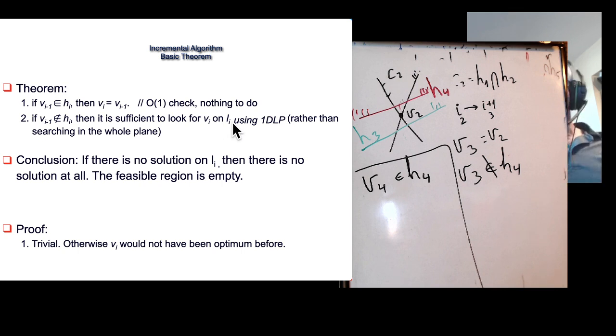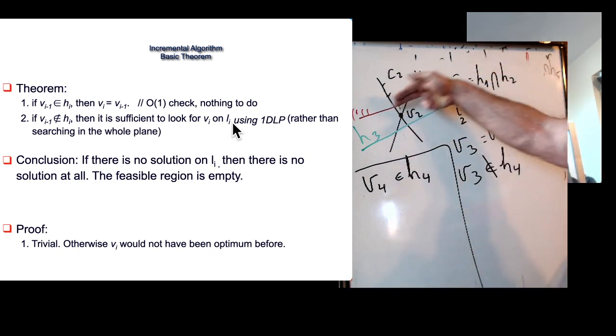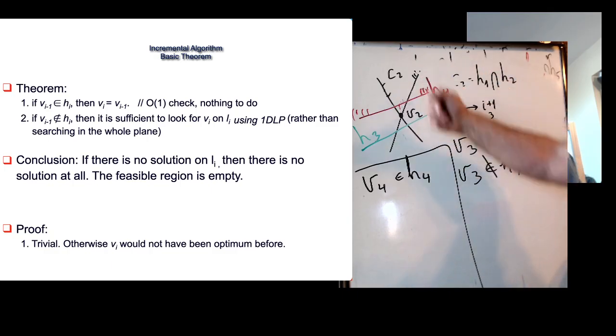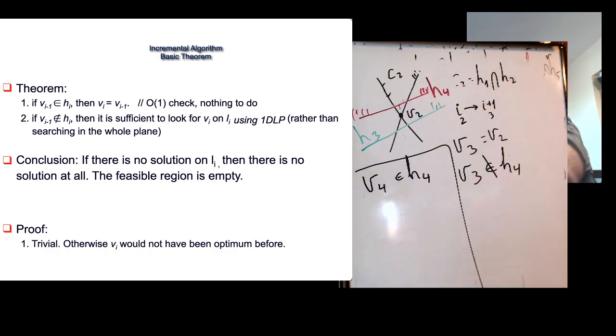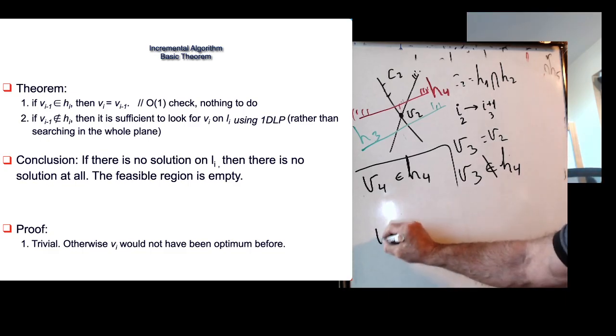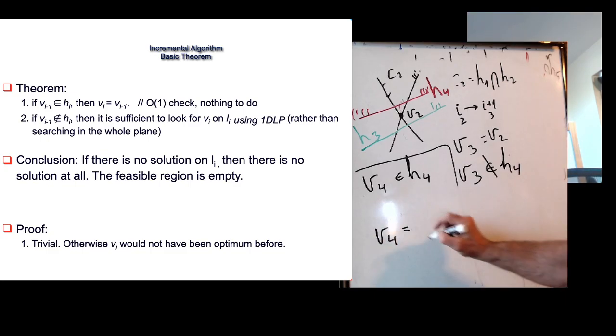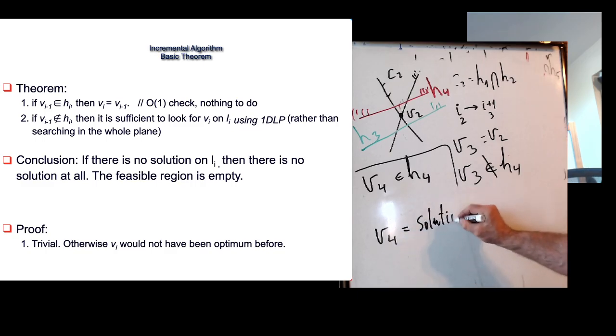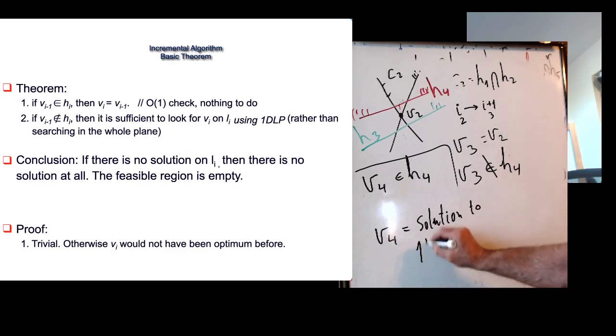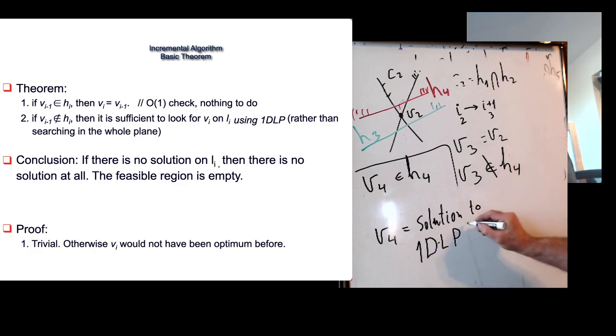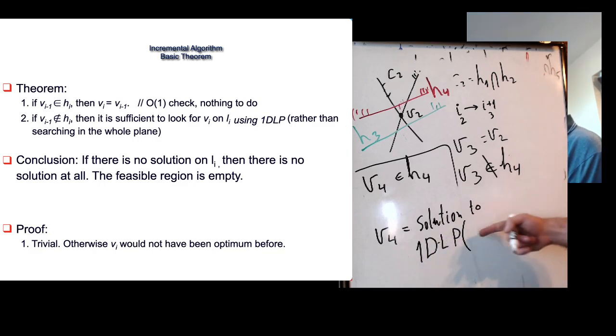The one-dimensional linear programming, what did it take? It takes a line. What will be this line? V4 would be the solution to the one-dimensional linear programming, where the one-dimensional linear programming wanted to see one specific line.